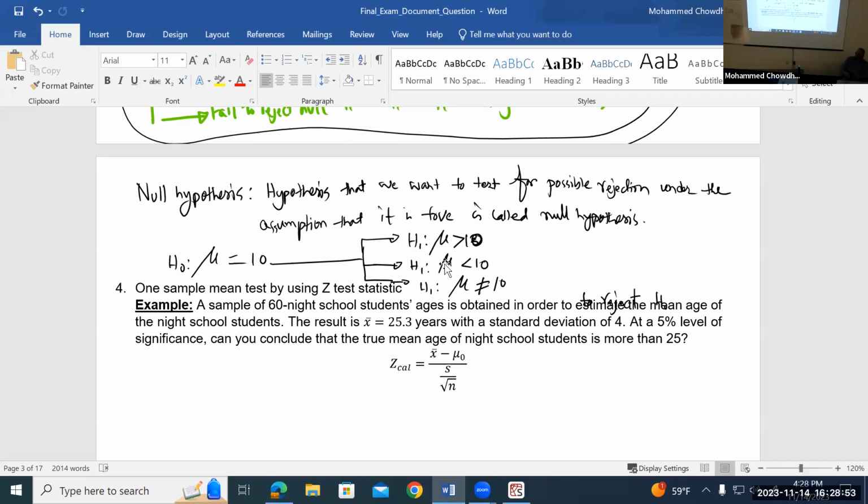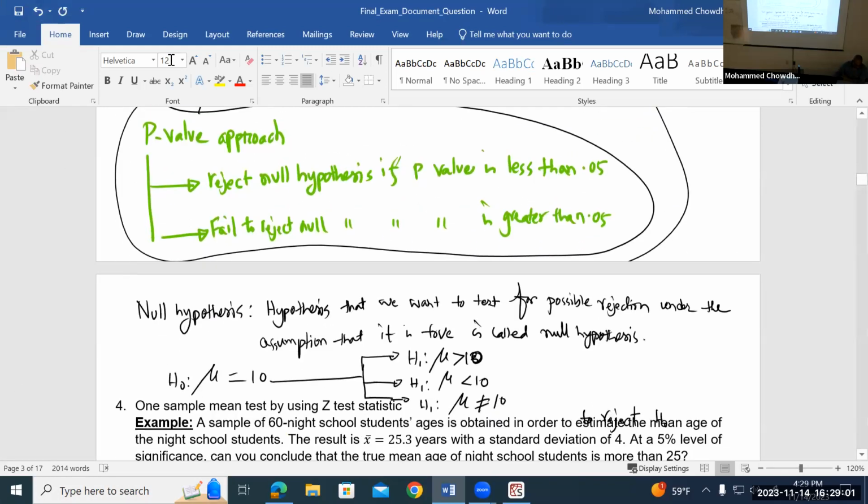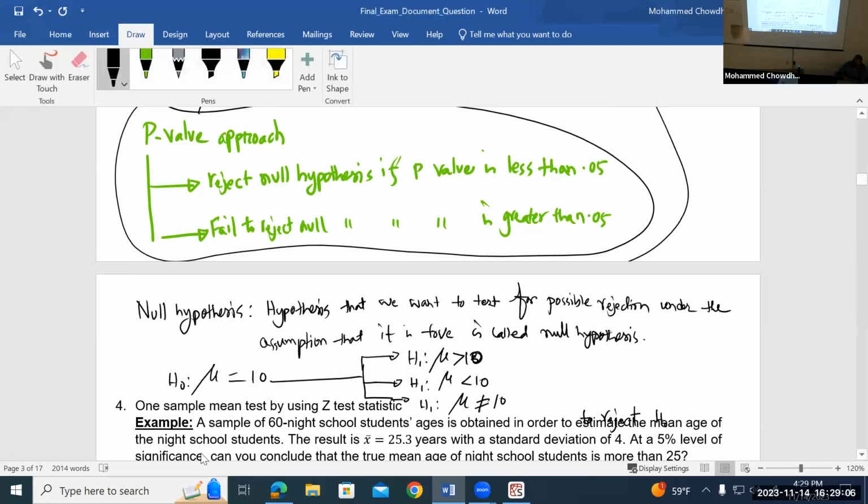So now the next question is, among these three, which alternative hypothesis should I pick? By reading the question, you have to decide. The alternative hypothesis is also known as the researcher hypothesis. That should be given in the question or decided by the researcher.